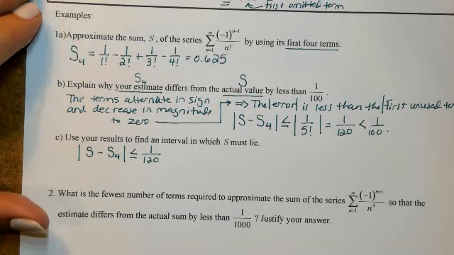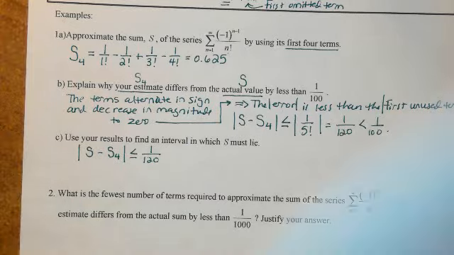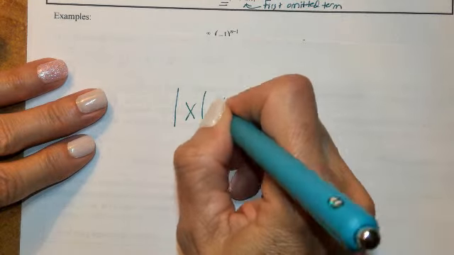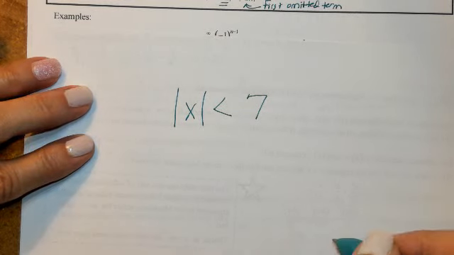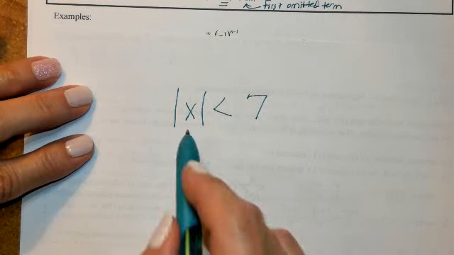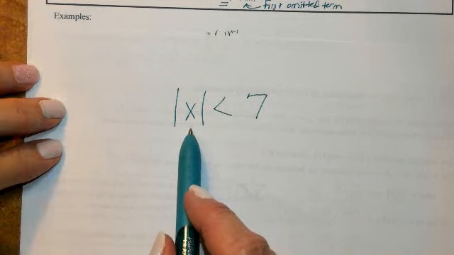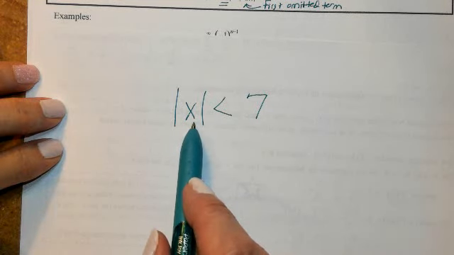Now, get another scratch sheet of paper. When you have the absolute value of X is less than something, what can X be? Can X be 20? No. Can X be negative 20? No. Can X be negative 2? Yes. Can X be positive 2?